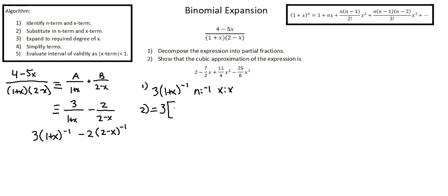Now our binomial expansion, first term is 1 plus n times x, which in this case is negative 1 times the x term of x, plus in the denominator 2 factorial, in the numerator n times (n minus 1), which is negative 1 times (negative 1 minus 1), multiplied by the x term to the power of 2, plus our final term in the denominator 3 factorial, in the numerator n times (n minus 1) times (n minus 2), negative 1 times (negative 1 minus 1) times (negative 1 minus 2), all multiplied by the x term to the power of 3.